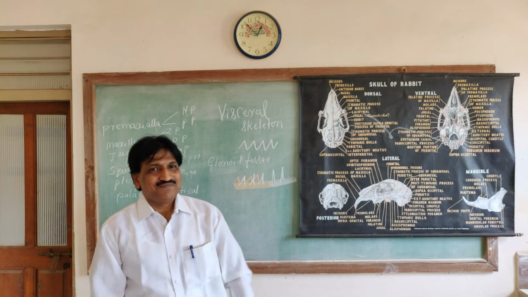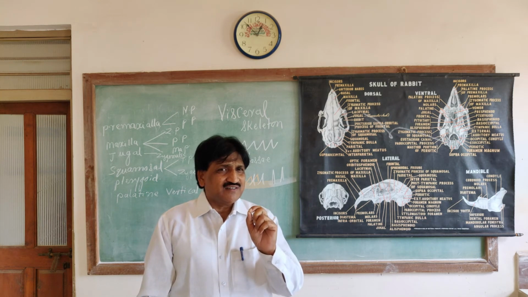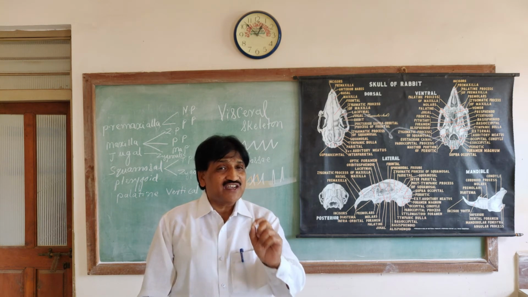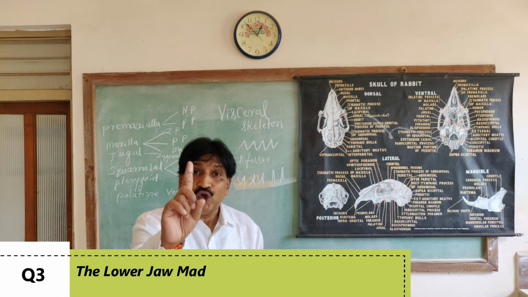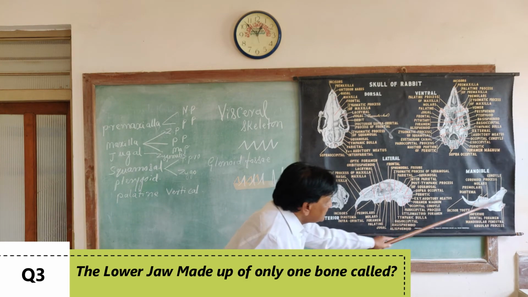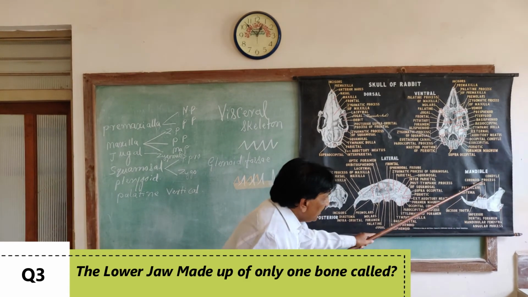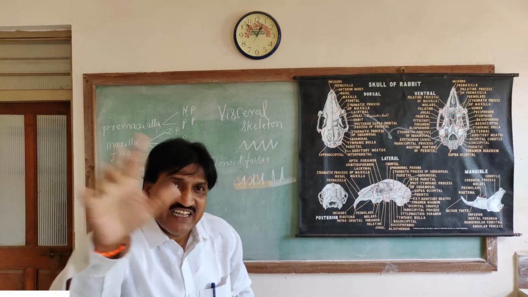But here, an important diagnostic character in mammals is that the lower jaw is made up of only one bone. That bone is called the dentary.